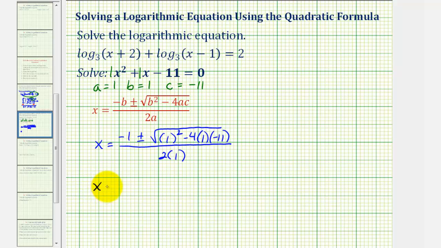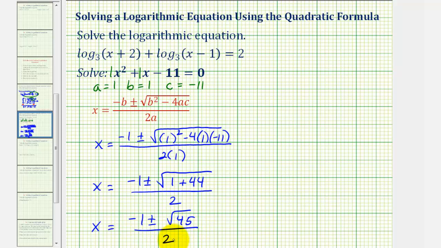So we have x equals negative 1 plus or minus the square root. And we need to be careful here with the discriminant. 1 squared is 1, and this is going to be minus negative 44, or plus 44, divided by 2. So we have x equals negative 1 plus or minus the square root of 45 divided by 2.